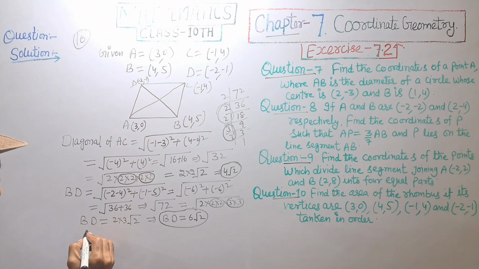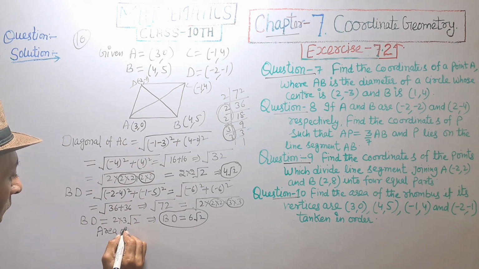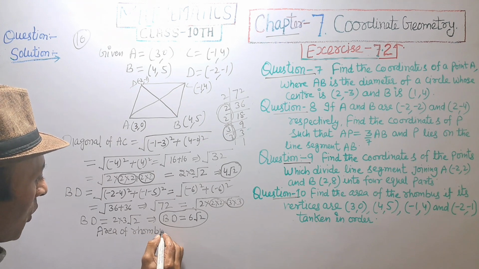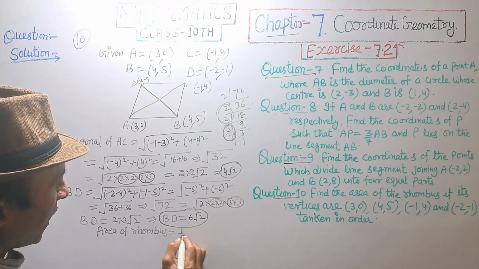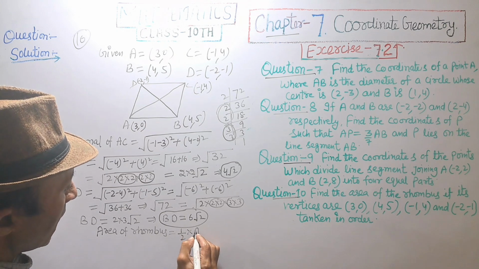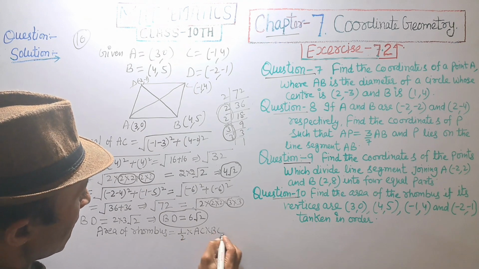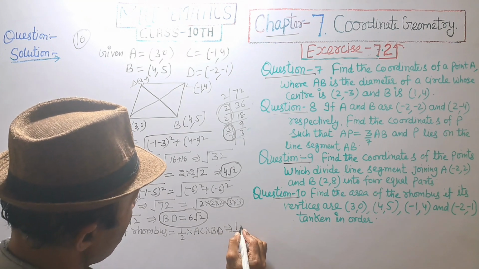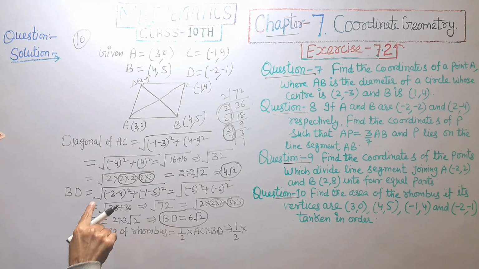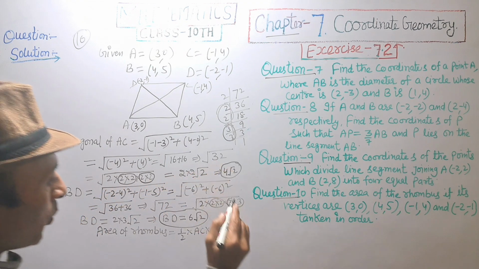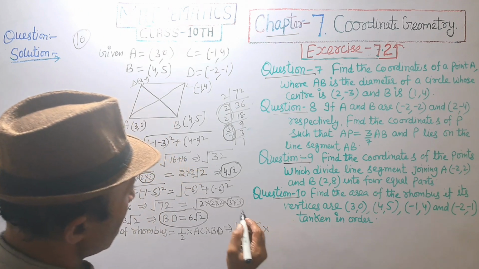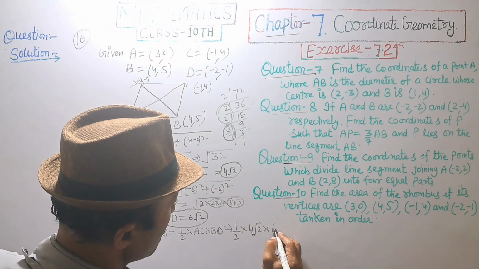But the area of rhombus is equal to 1 upon 2 into AC into BD. This implies half of AC, which is 4 root 2, multiplied by BD, which is 6 root 2.